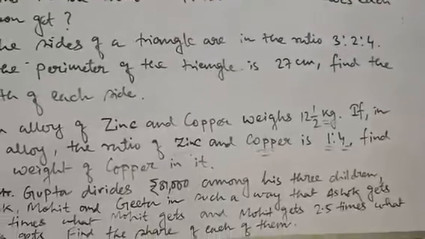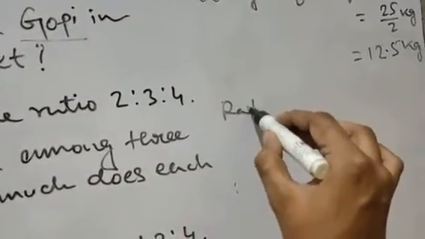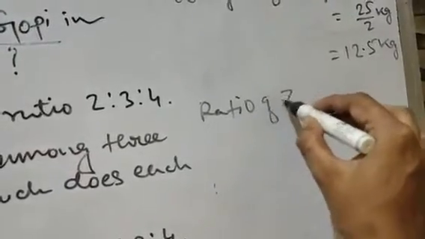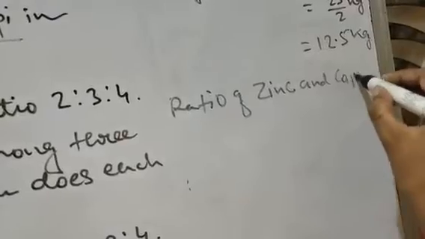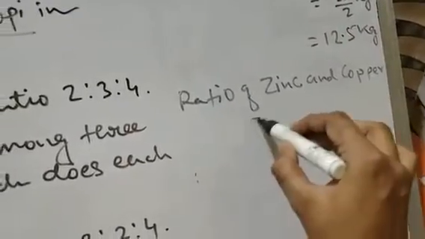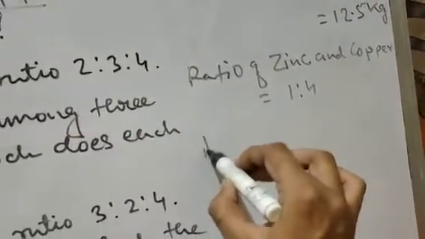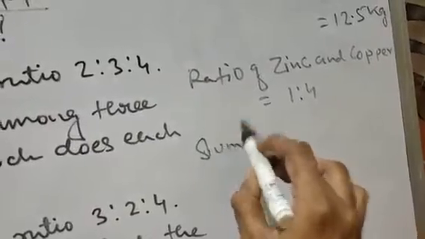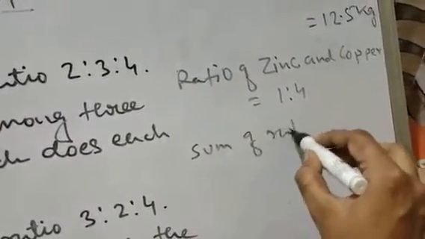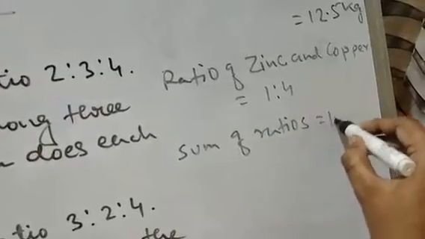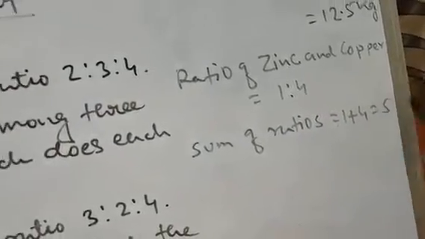Next, the ratio of zinc and copper is given 1:4. So ratio of zinc and copper equal to 1:4. So find out the sum of the ratios. Therefore, sum of ratios equal to 1 plus 4, that is 5.